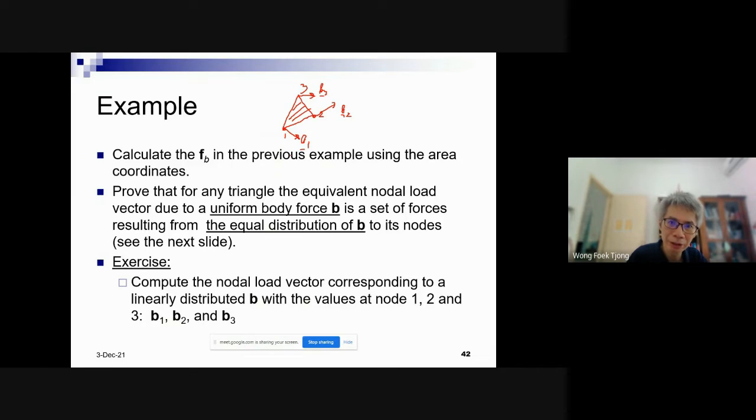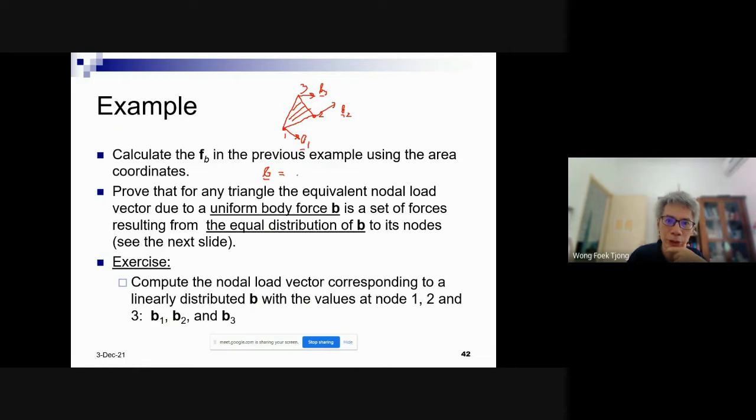In other words, using the area coordinates, we can express the body force like this, because the contribution from its nodes is linear.